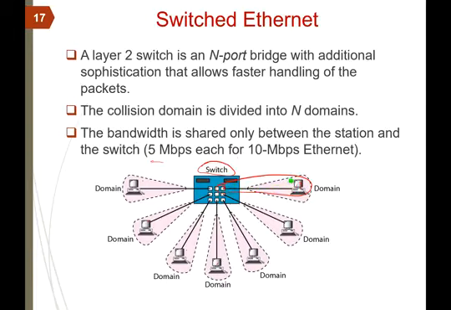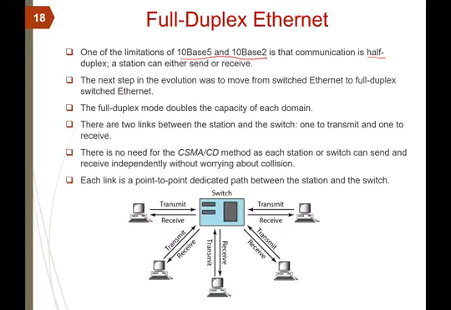So you cannot benefit from the 10 megabit per second bandwidth. The actual bandwidth will be divided by 2. But with full duplex, the full capacity of the link will be available to you.